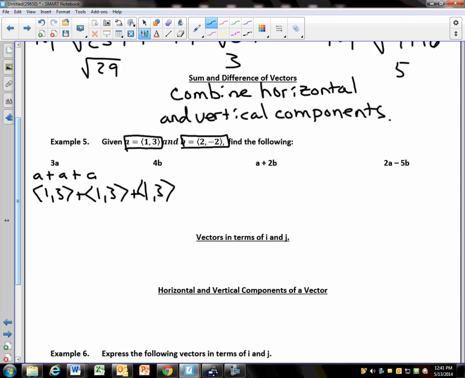Instead of writing it like that, what could I just do? Just multiply the horizontal parts by 3, and multiply the vertical parts by 3. So this becomes 3, 9. Just add the horizontal parts together, add the vertical parts together.